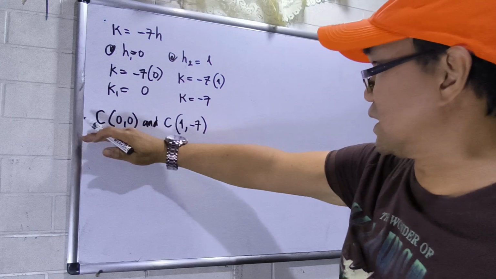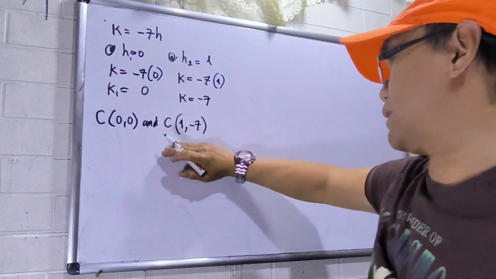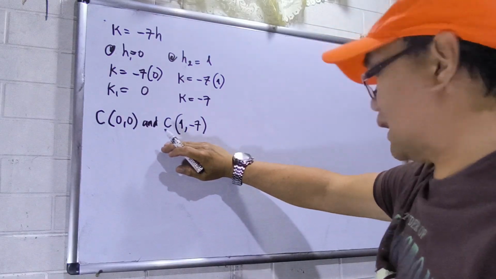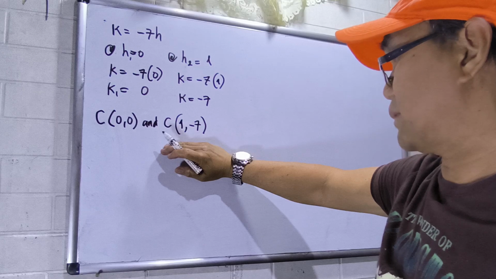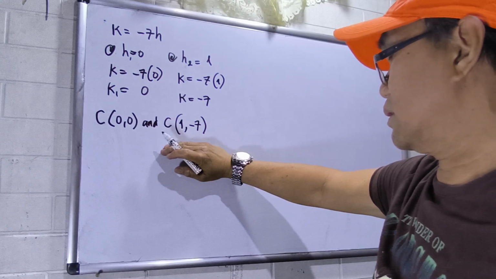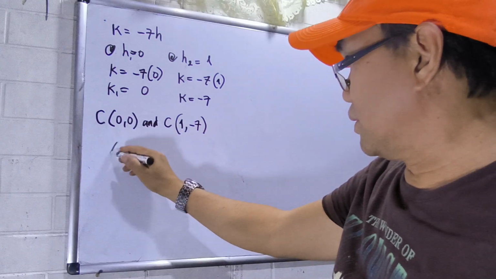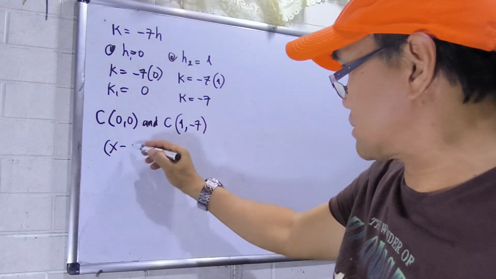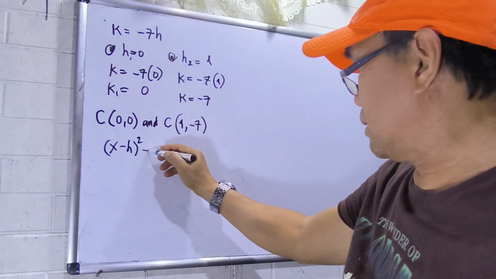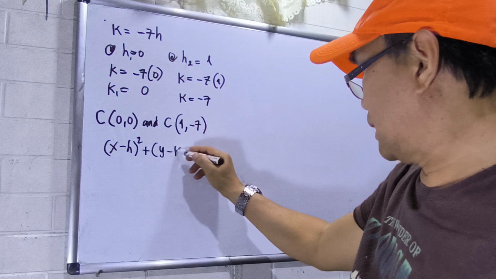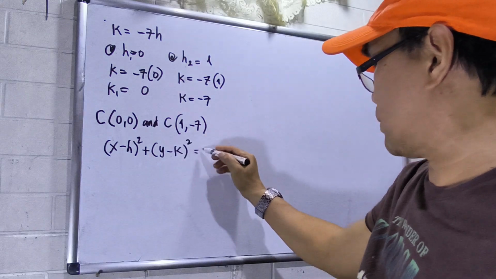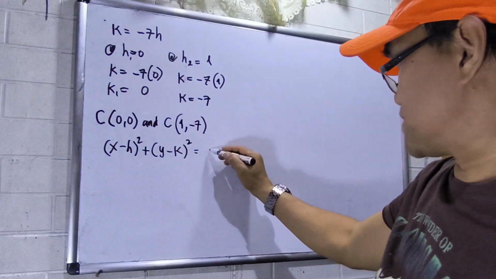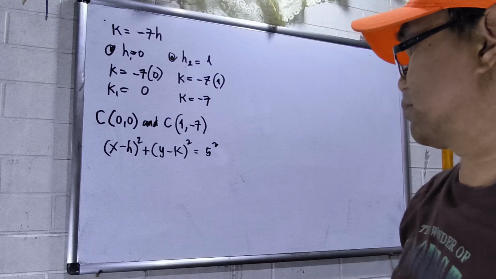So I have now the center 0, 0, and then I have 1 and negative 7. So, use this one: (x minus h) squared plus (y minus k) squared is equal to the radius, which is given as 5 squared.